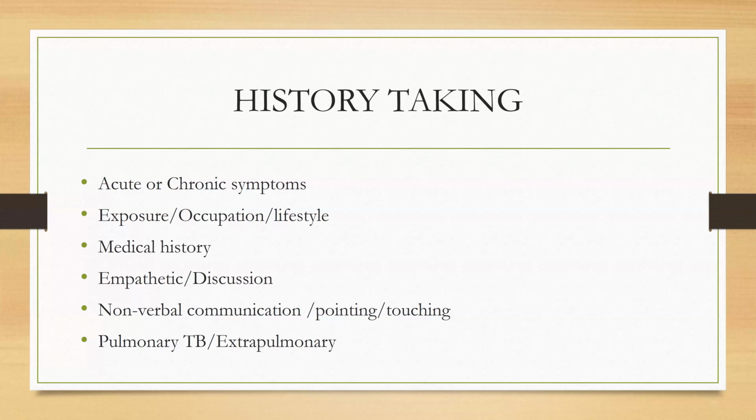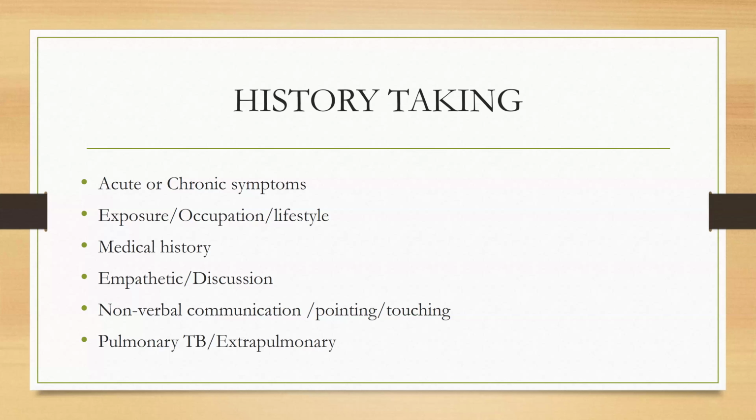A simple and quick example is a healthcare worker. You need to establish, because sometimes a client may not volunteer the information that they are a healthcare worker, that they are nurse attendants, that they have been taking care of a patient. So you need to establish that.